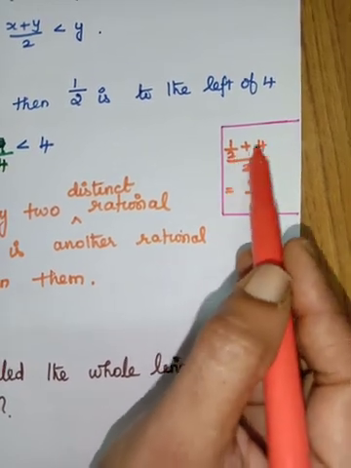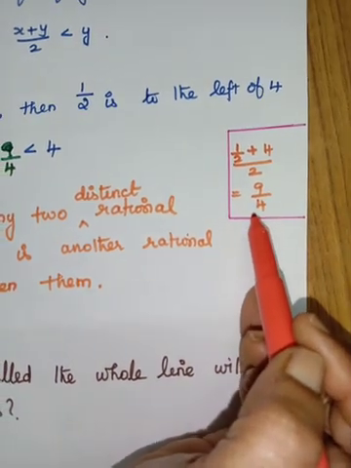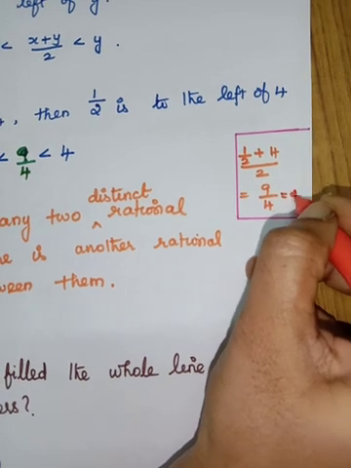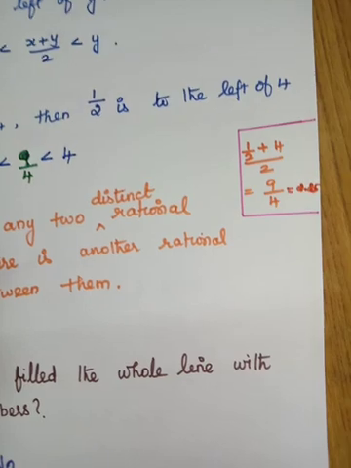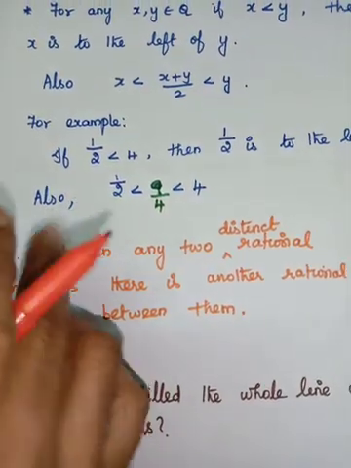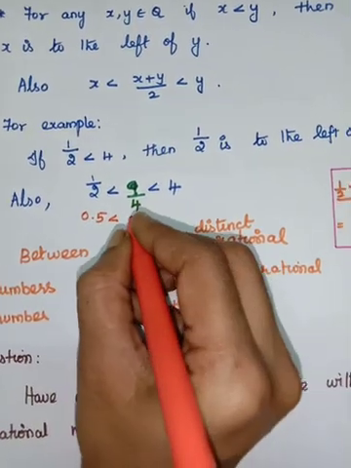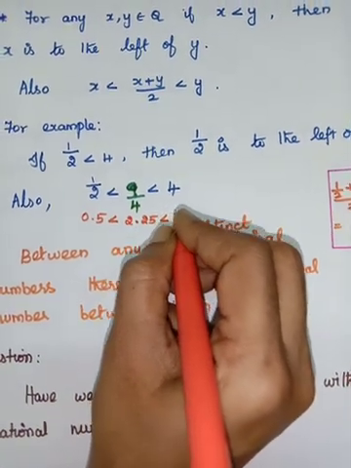If you take the LCM, it is (1 plus 8) by 2, divided by 2, which is 9 by 4. What is 9 by 4? It is 2.25. And 1 by 2 is 0.5. So 0.5 is less than 2.25, which is less than 4. We can write this.